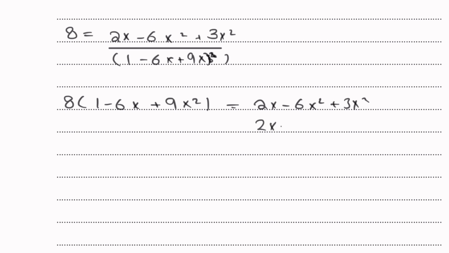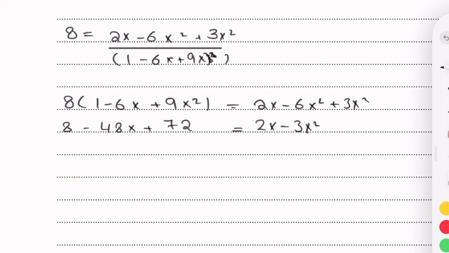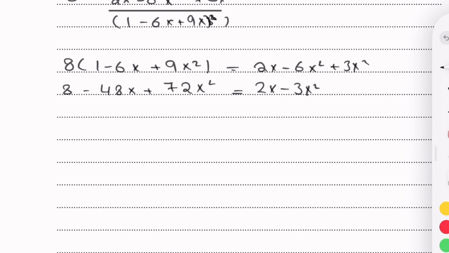This becomes 2x minus 3x squared, which must equal 8 minus 48x plus 72x squared. Now if you send everything to one side, you get 72 plus 3, which is 75x squared minus 50x plus 8.